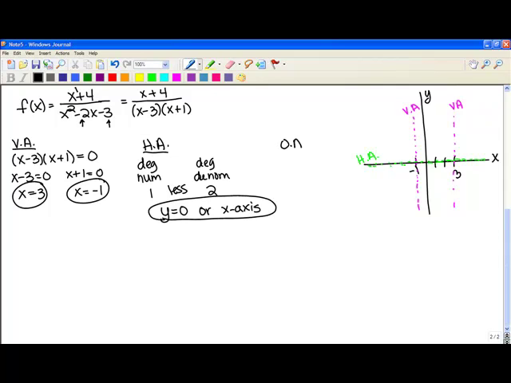For the oblique asymptote, we look at the degrees. The degree of the numerator is not 1 more than the degree of the denominator, so there is not an oblique asymptote.